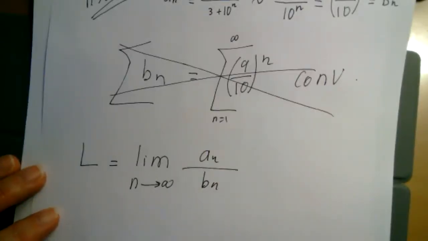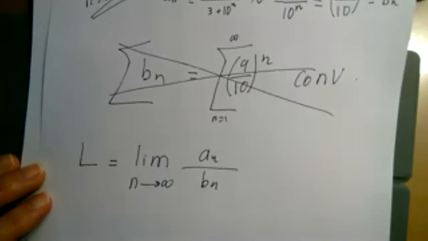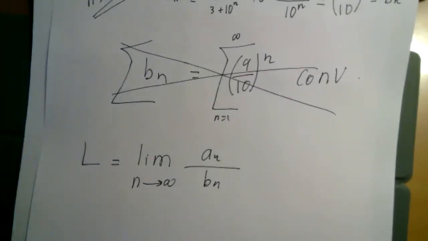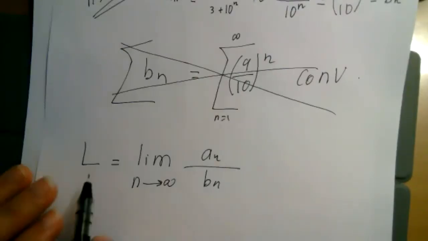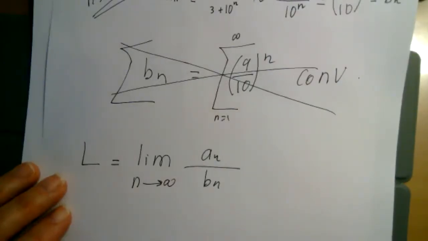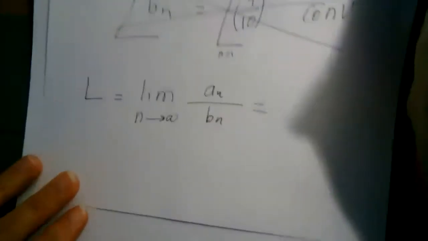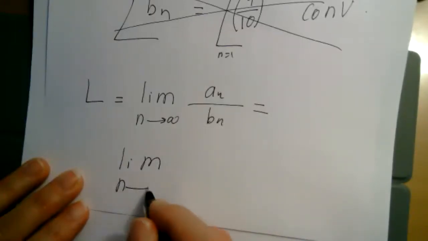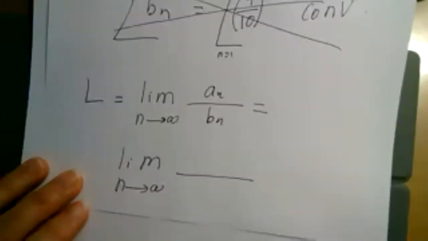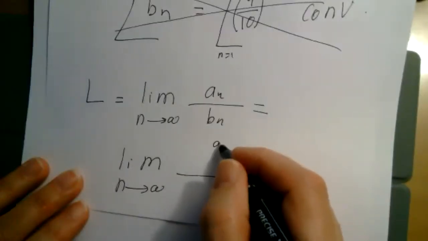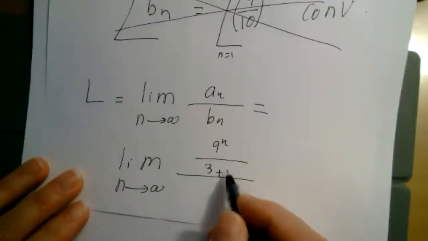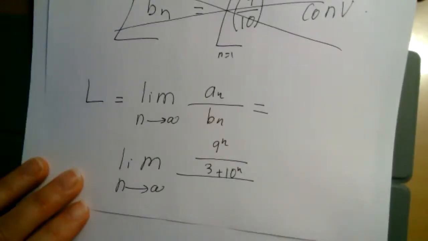Now I made my choice. I want to make sure that my choice is actually correct. It means, are an and Bn kind of close to each other or not? So I want to make sure that my limit is not 0 and not infinity. So let us compute this limit. That's the limit as n tends to infinity of my an, which is 9^n over 3 plus 10^n.